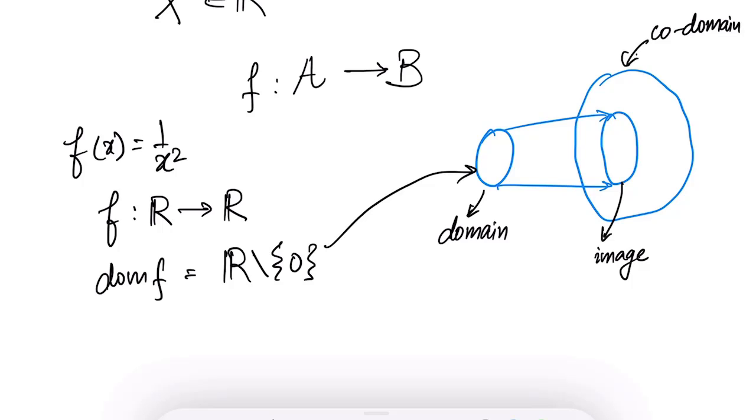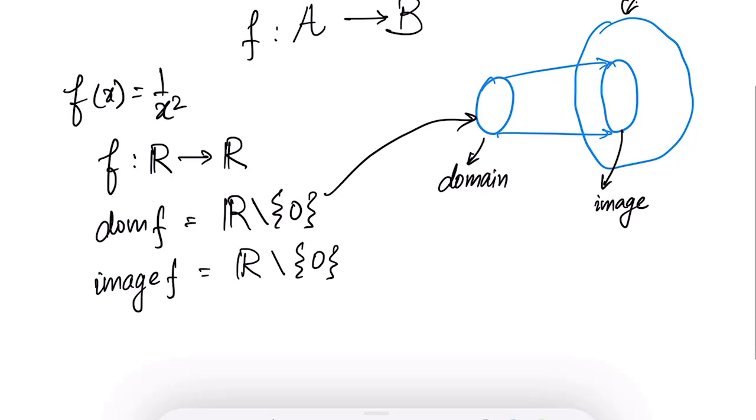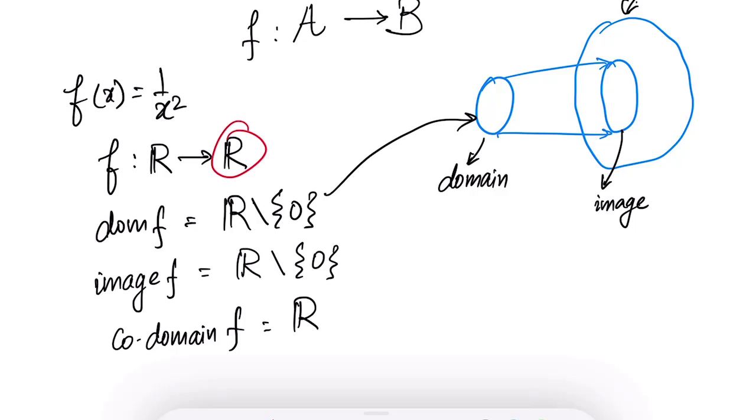So the image of f would be the entire real line except 0. But the codomain of f would be the entire real line, right? So this part is called the codomain.